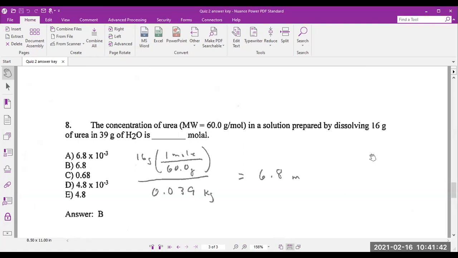So we need to change that 16 grams of urea into moles of urea, and we can do that by using the molecular weight we were given, 60 grams per mole.